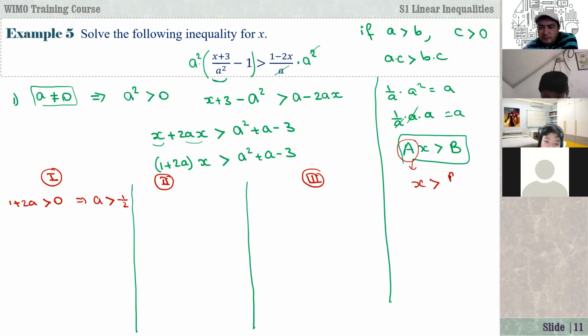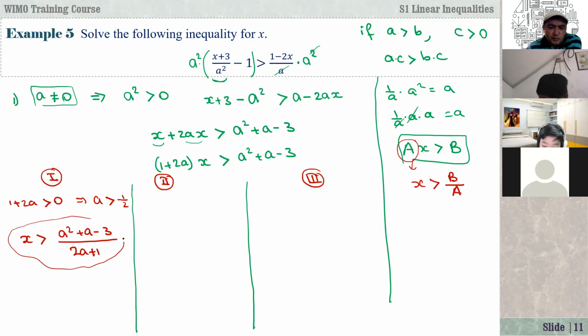X is greater than b over capital A. So that means that x will be greater than a squared plus a minus 3 over 1 plus 2a. Or actually, 1 plus 2a is the same as 2a plus 1. Let me just write it in this order, 2a plus 1. That is the solution of this inequality. And also, what is a? A must be greater than minus 1 over 2, right?